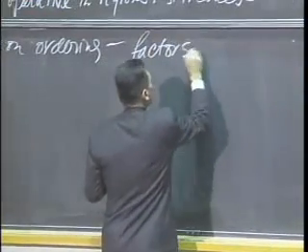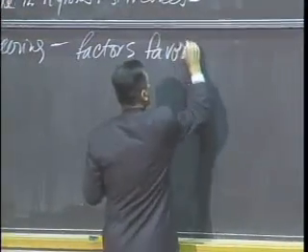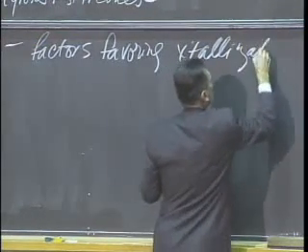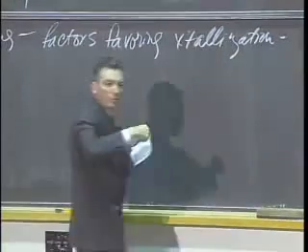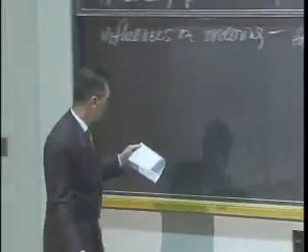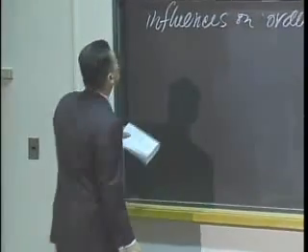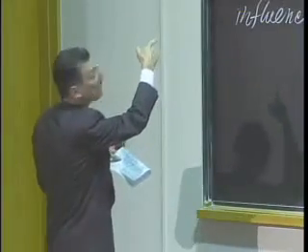Factors favoring crystallization. And remember, we're not talking about perfect crystals here. We're talking about local ordering over certain lengths of chain, which give rise to some strengthening of the material. And so I'm just going to go back and revisit 1, 2, and 3 above.